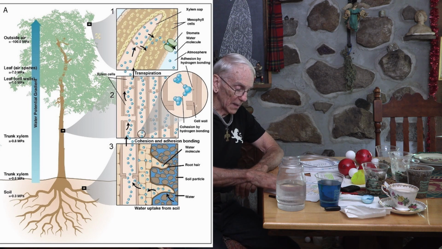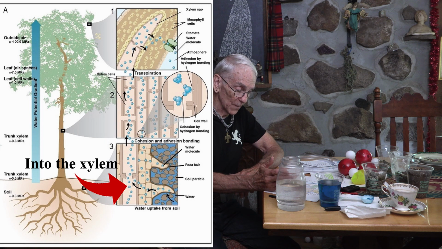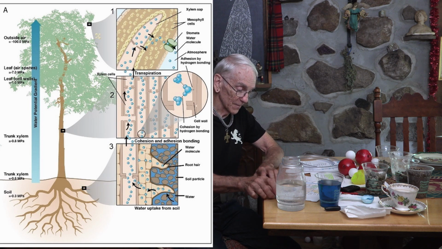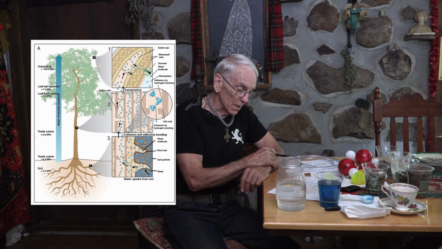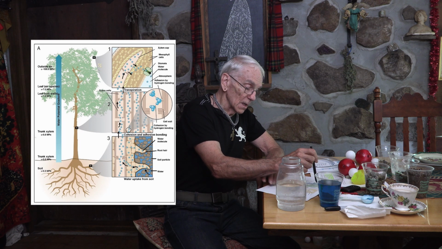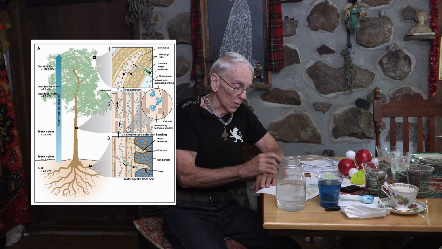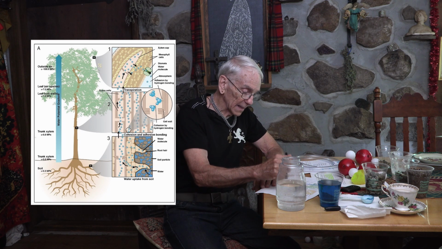So we see the water has come from the soil through that semi-permeable membrane of the root hairs into the root. But now, how are those water molecules getting to the top of that 100-foot tree, or your tomato plant, or your medicinal crop? How the heck is it getting there?